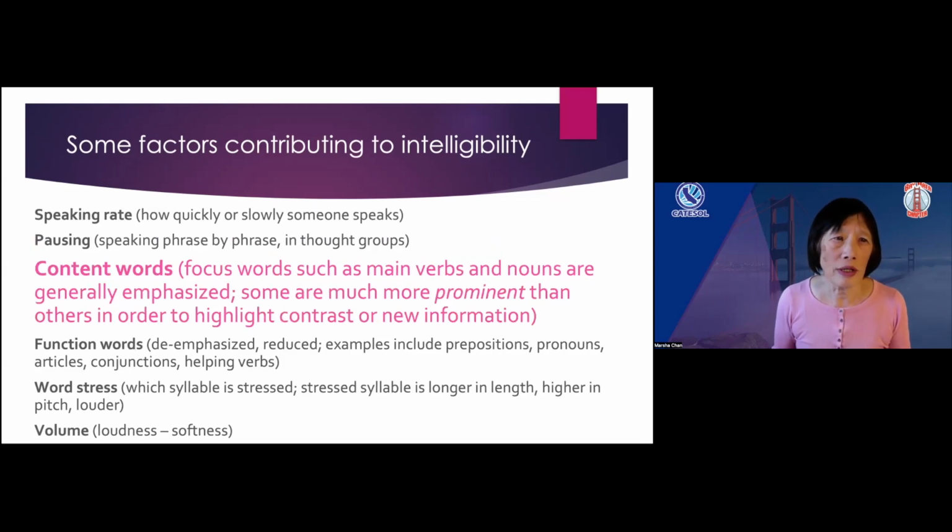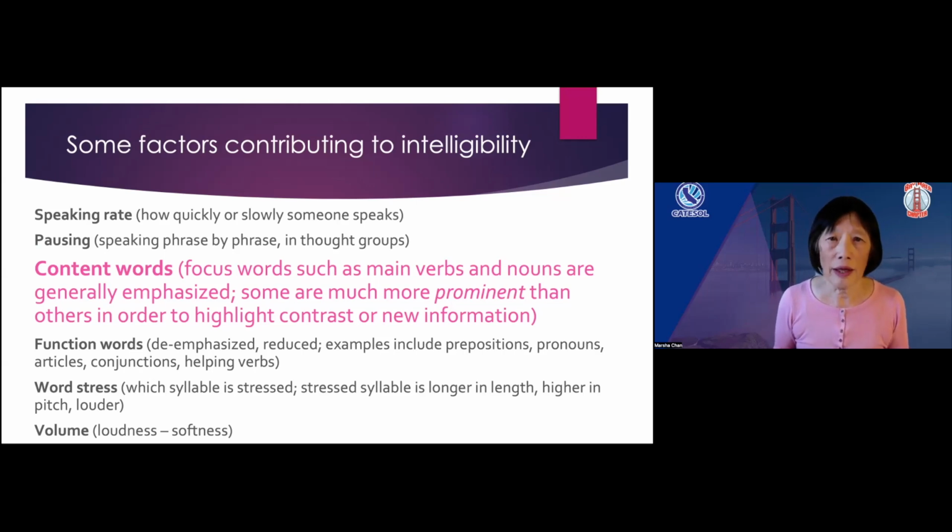Content words are focus words such as main verbs and nouns, and they are generally emphasized in spoken language. Some are much more prominent than others in order to highlight contrast or new information.